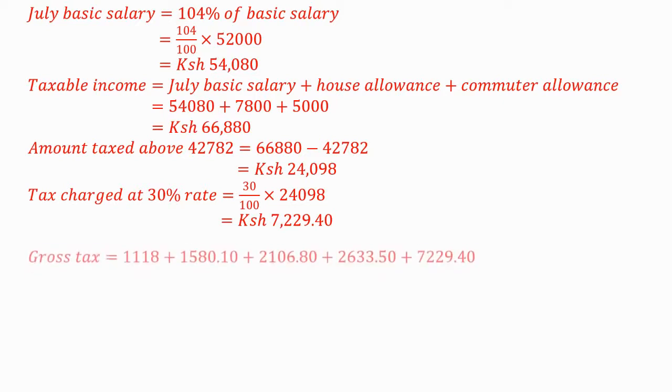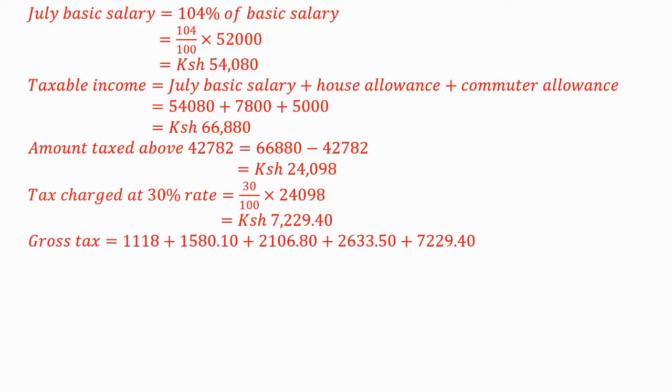So we sum up to obtain the gross tax, which is 1,118 plus 1,580 and 10 cents plus 2,106 and 80 cents plus 2,633 and 50 cents plus 7,229 and 40 cents. So the gross tax is 14,667 and 80 cents.